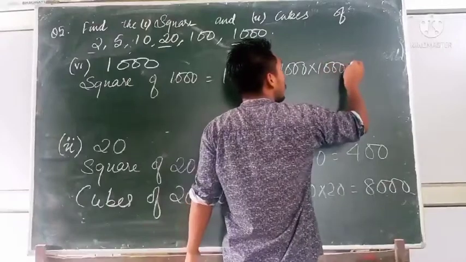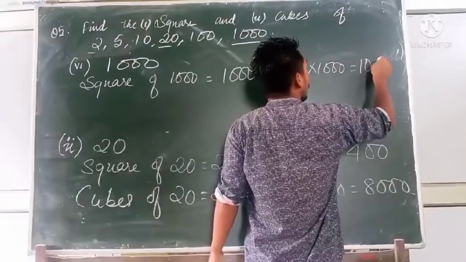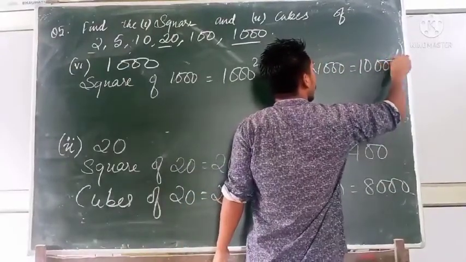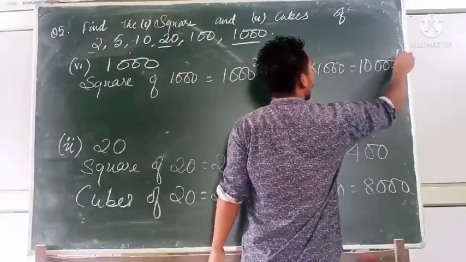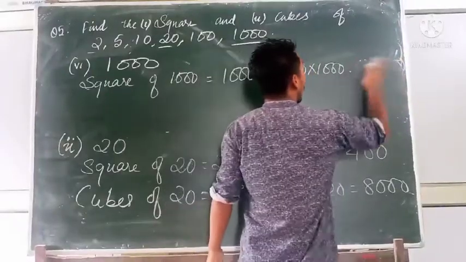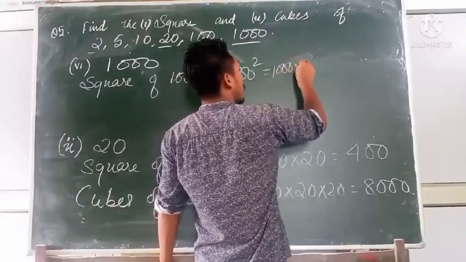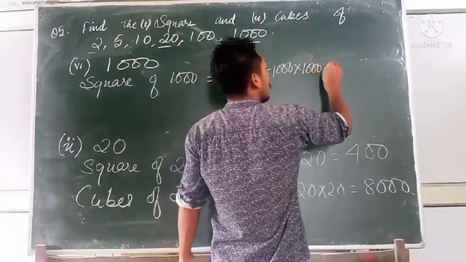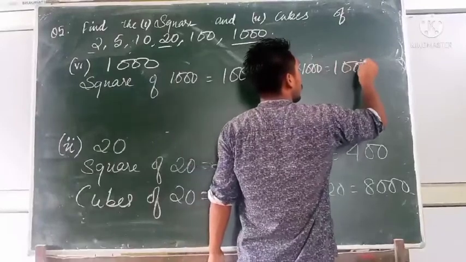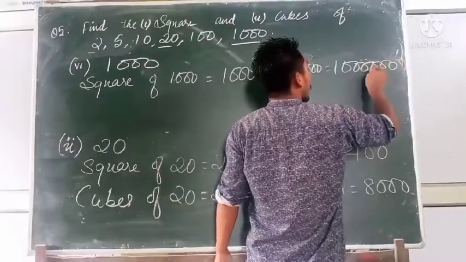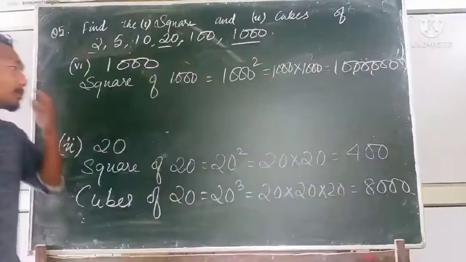If you multiply these two, the answer will have 6 zeros, that is 10 lakhs. So your answer will be 10 lakhs.